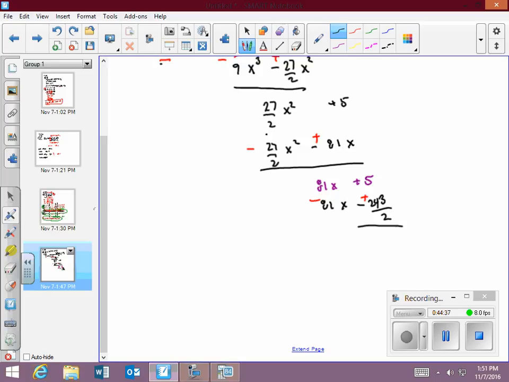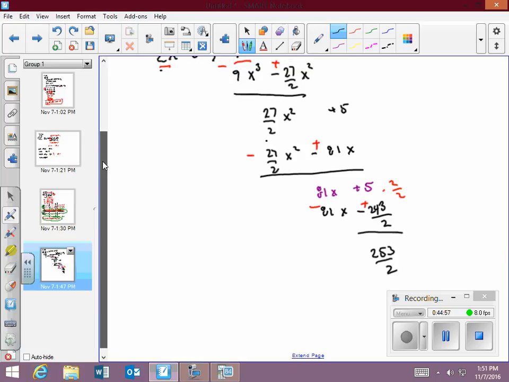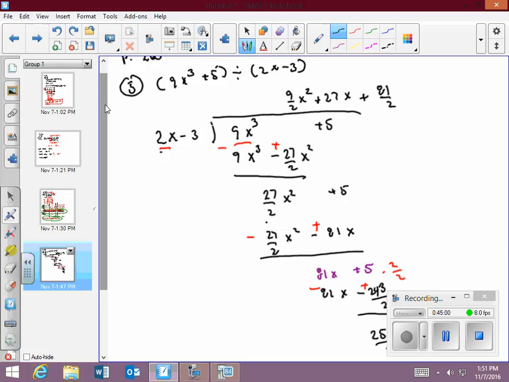Then I have to make the 5 a 10 over 2, plus 243 over 2 gives me 253 over 2. And that's going to be a remainder, just a remainder: 253 over 2. That's a pretty hard problem. You won't get that problem.